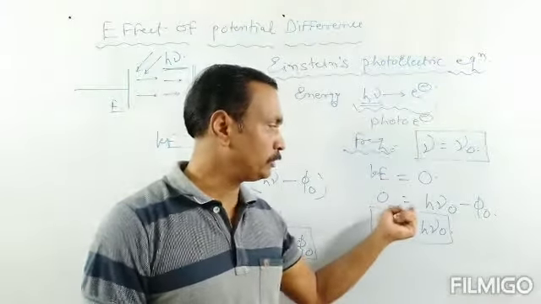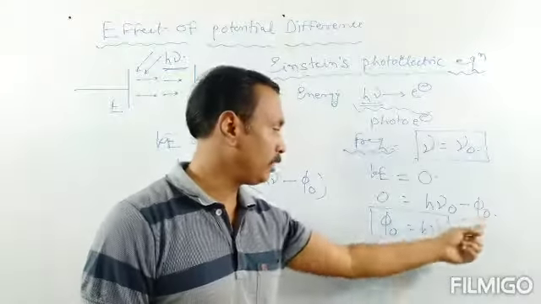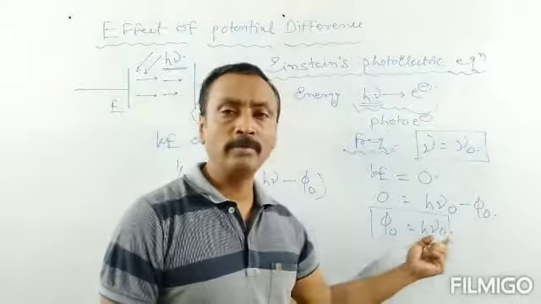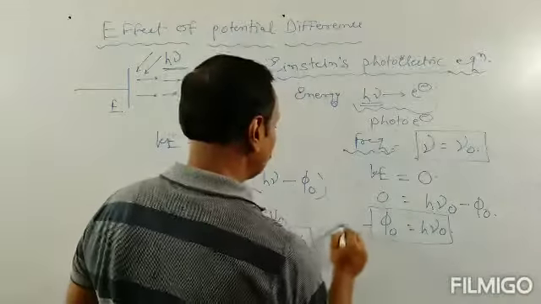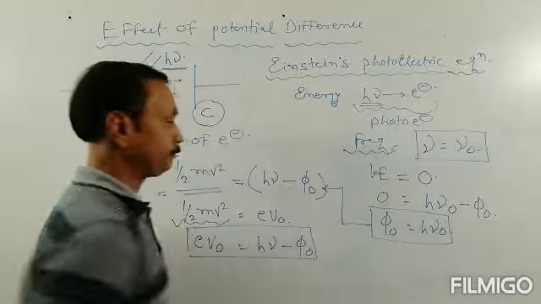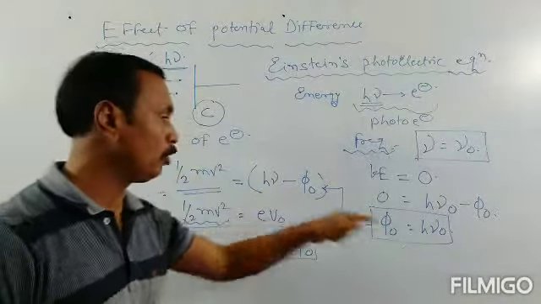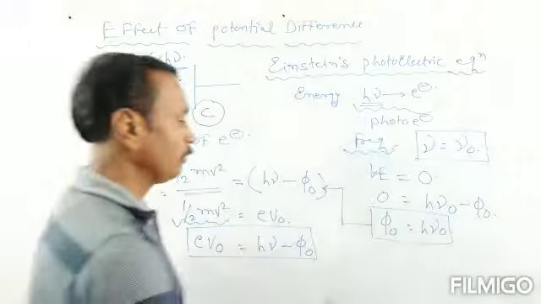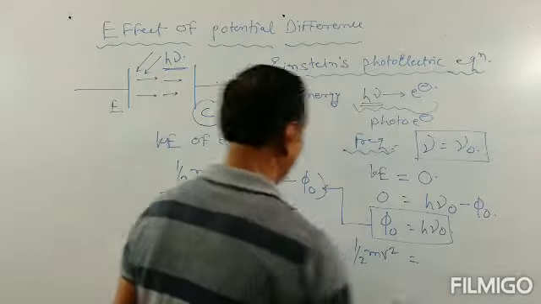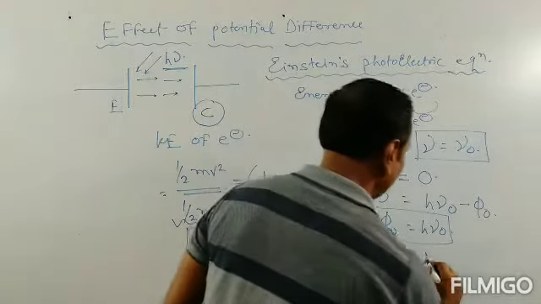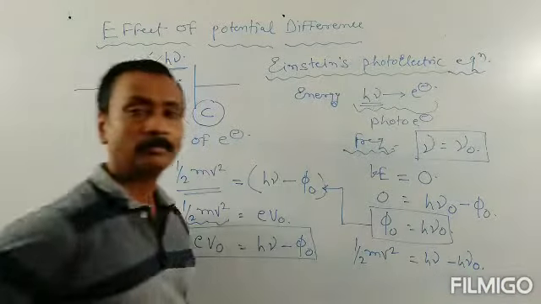So 0 equals h nu 0 minus phi0, and the value of phi0 is h nu 0. Putting this value of phi0, h nu 0, into the equation, we can write one half mv square equals h nu minus h nu 0.